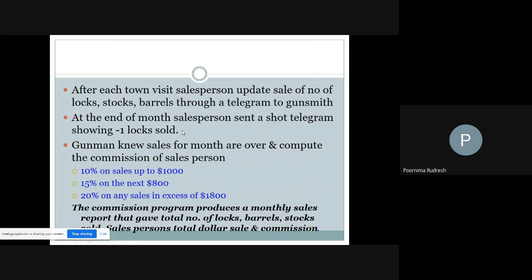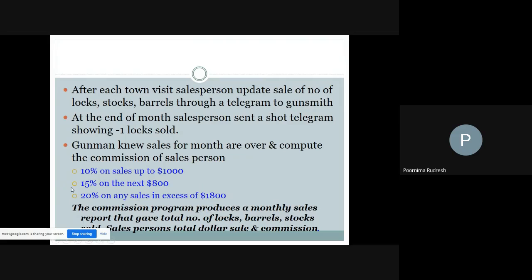Once the month is completed, the data on the number of stocks, locks, or barrels sold is collected, and after that they calculate the commission for the salesperson. What is the commission rate? 10% on sales up to $1,000. If the salesperson sold items worth up to $1,000, he gets a commission of 10%.